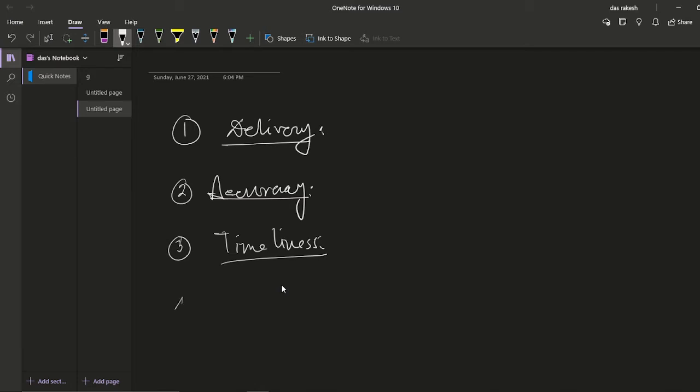The next one is a very important factor, known as jitter. Jitter refers to the variation in the packet arrival time, and it is the uneven delay in the delivery of audio and video packets. For example, let us assume video packets are sent every 40 milliseconds.